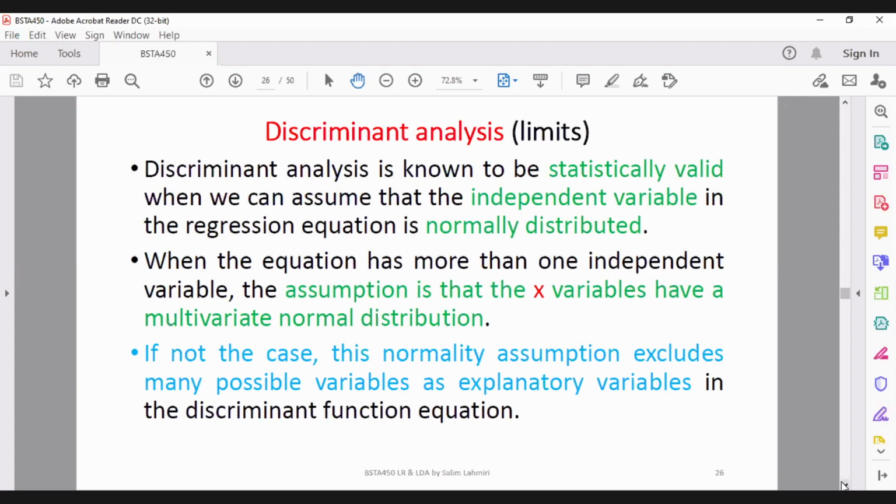The normality assumption excludes many possible variables. You need to drop x's which are not normally distributed. Now imagine that many x's are dropped because they are not normally distributed. Then you end up with a very limited discriminant analysis equation.